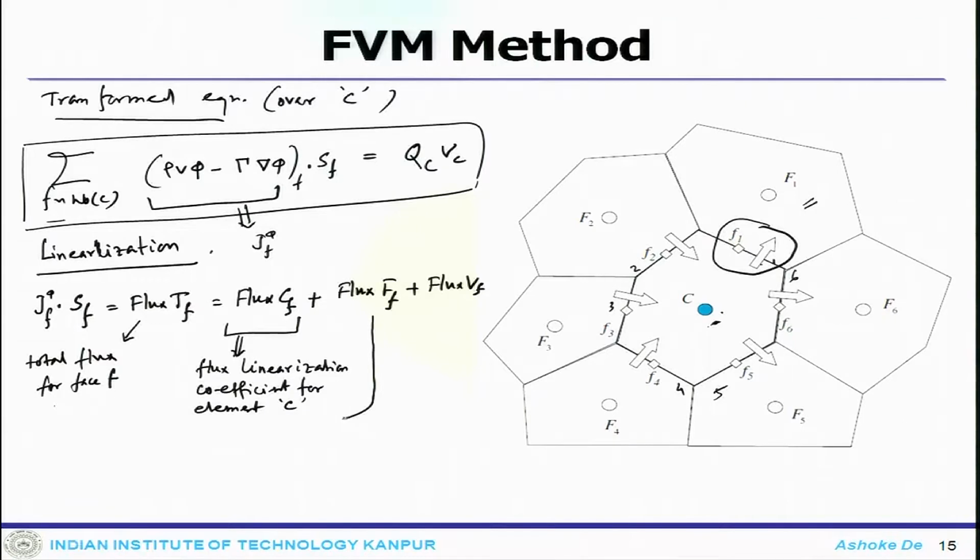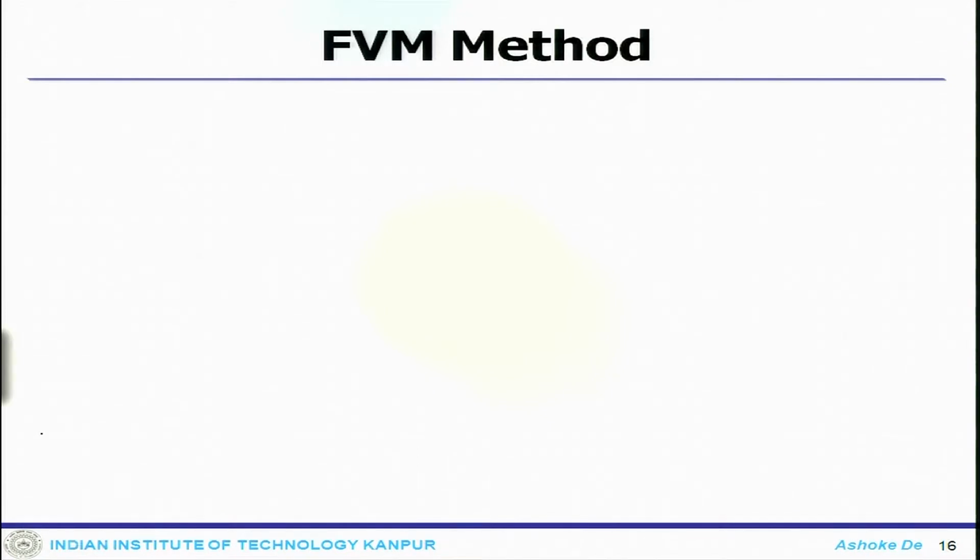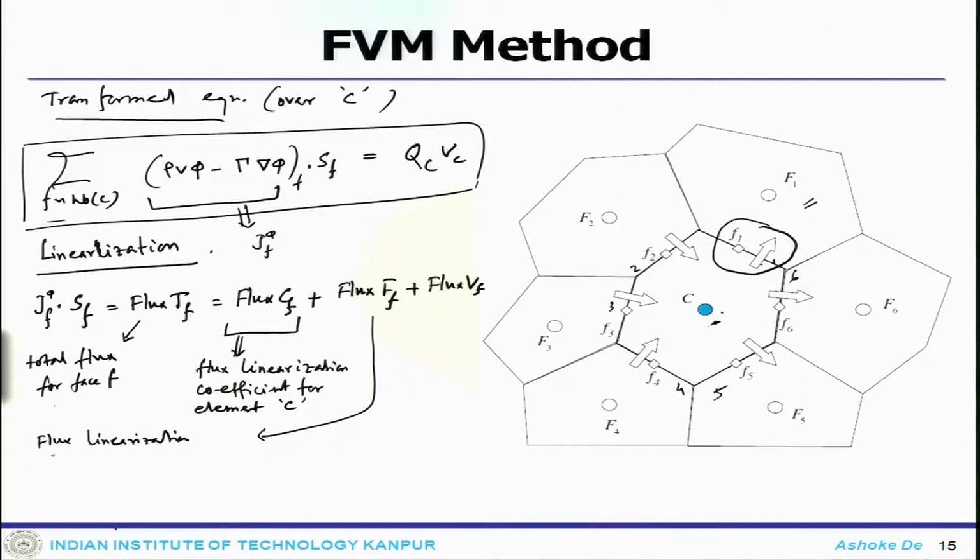So, the second is the flux linearization coefficient for element F. So, if you are talking about this flux, mind that we are talking about total flux for a particular face.